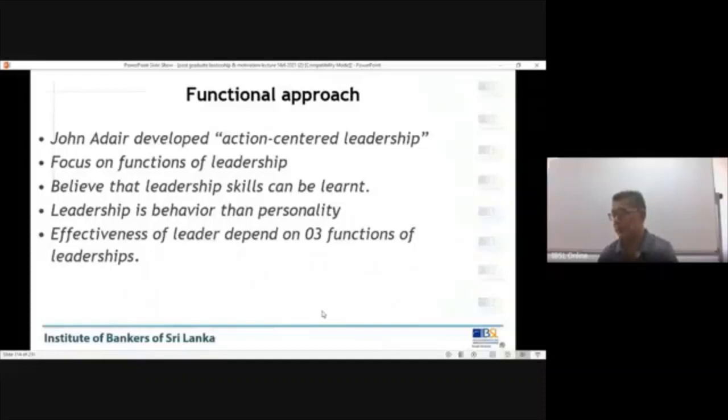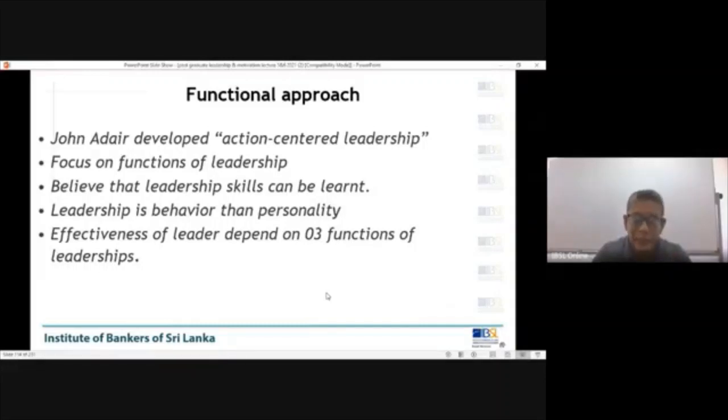Functional approach, or sometimes some people also consider this as a situational sort of theory of leadership, right? But some are considered under separate.